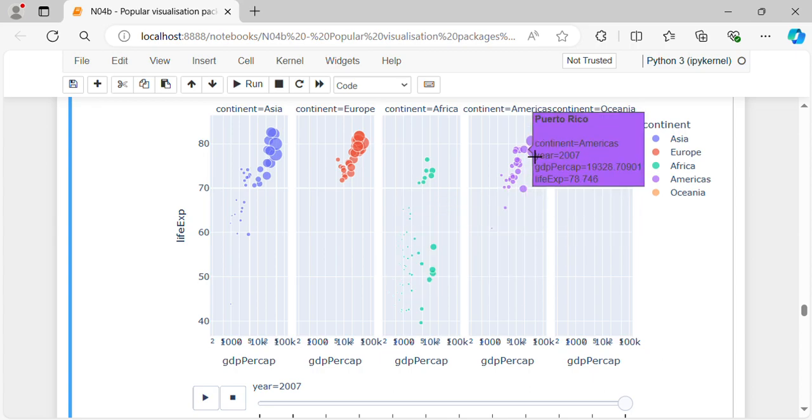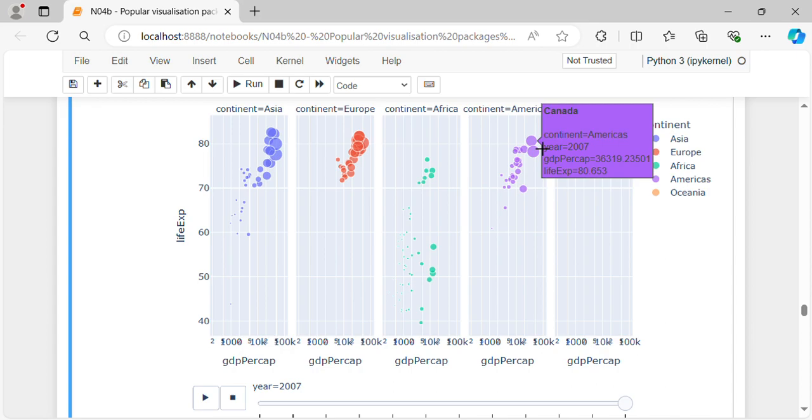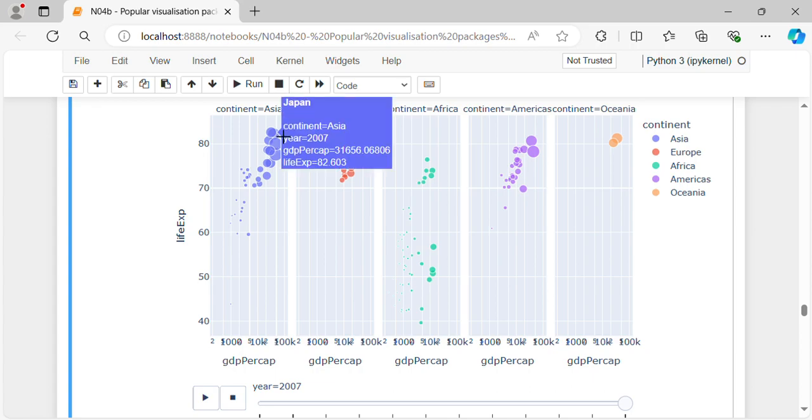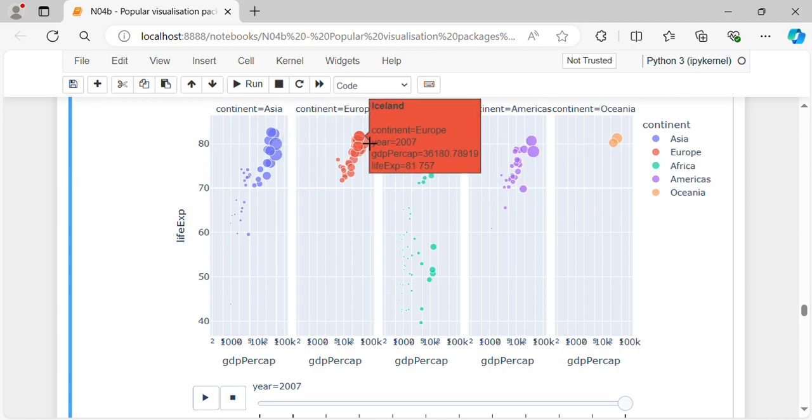And for America, the life expectancy is also increased, and the GDP has also increased. And the top one is the Canada. The life expectancy is much higher. So Japan, the life expectancy is 82. So for all the countries, the life expectancy has increased.